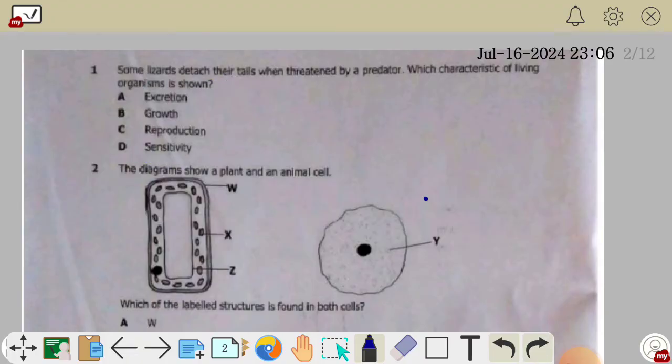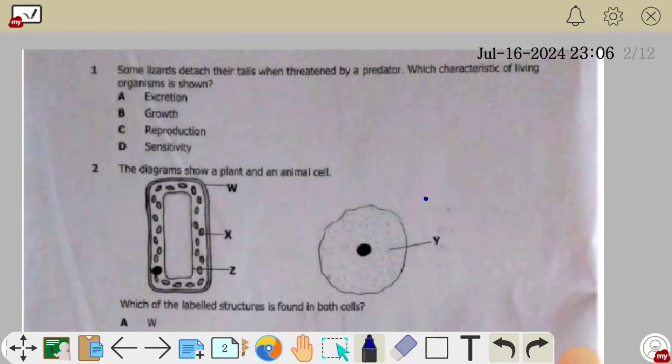Why? Because upon being touched by a predator, a lizard will react. The lizard tail will be sensitive, so it will sense the danger and detach. Okay, so the correct answer here for question 1 is D.